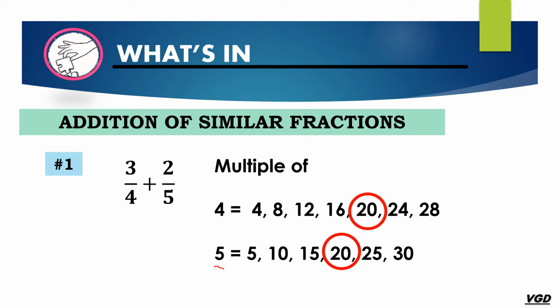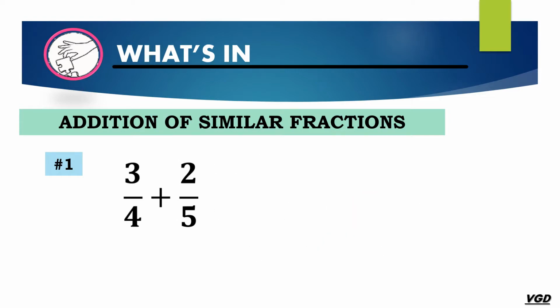Therefore, it is our least common denominator. So we already got our LCD, which is equal to 20, so we put that in our denominator and just copy our operation sign, which is addition.